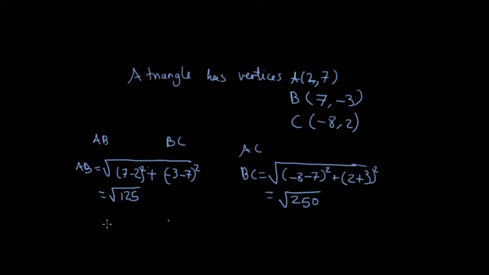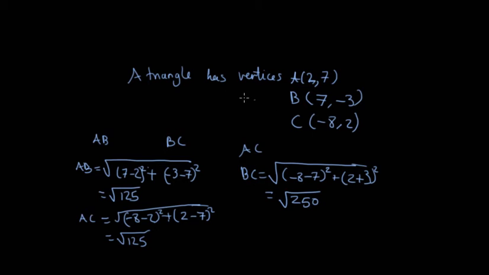And then lastly, AC equals the square root of (-8 minus 2) squared plus (2 minus 7) squared. Doing the maths, it is the square root of 125.